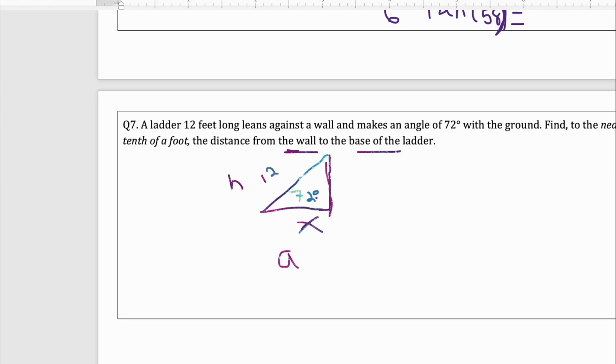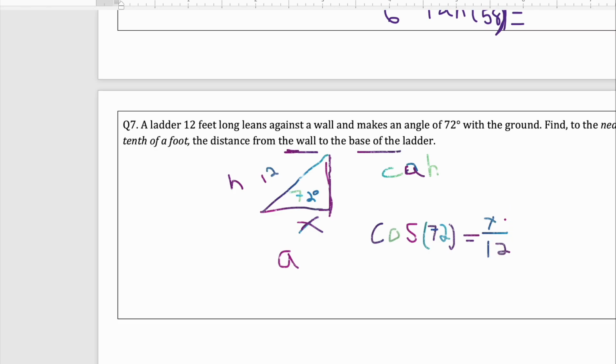Adjacent and hypotenuse is going to be CAH, right? And that means cosine. So cosine 72 equals, right, adjacent over hypotenuse, so x over 12.